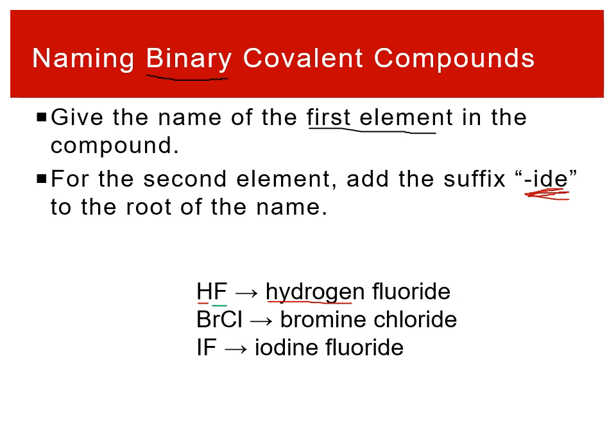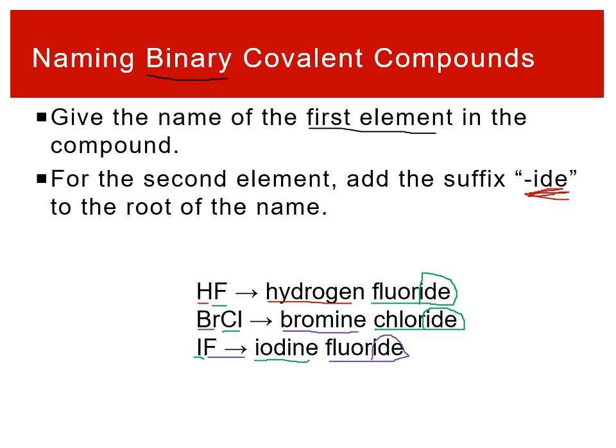This isn't an anion, it's a covalent compound, but we still call it fluoride. Similarly, Br is bromine, and Cl becomes chloride. I is iodine, it's first, so we don't change the ending. F is second, so that again becomes fluoride.